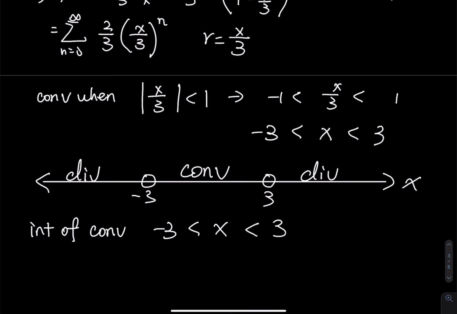Whether you include the endpoints, you have to test what happens when x is equal to negative 3 and when x is equal to 3. We have done a lot of this type of testing in the previous lesson on power series. It can be done pretty easily in this type of problem because the power series is not too complicated.